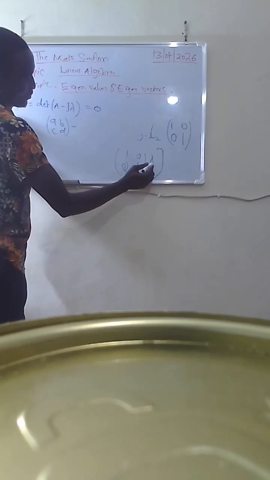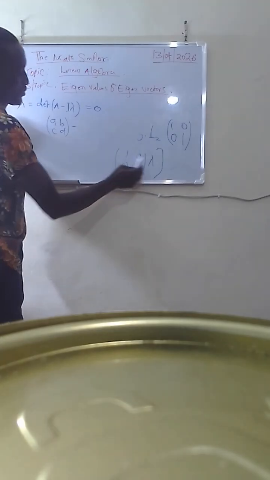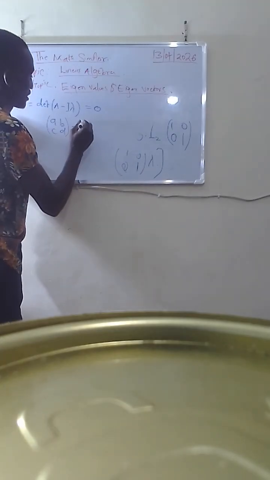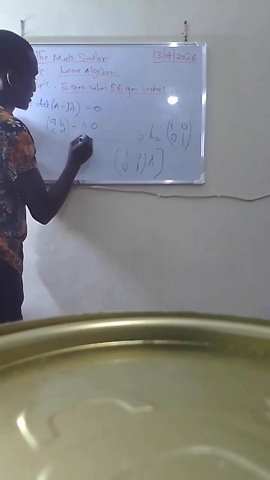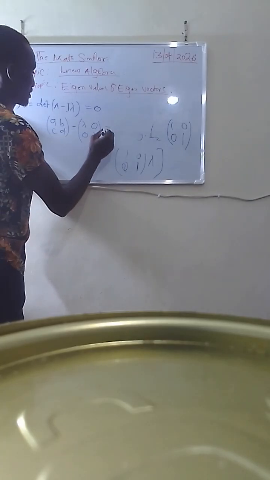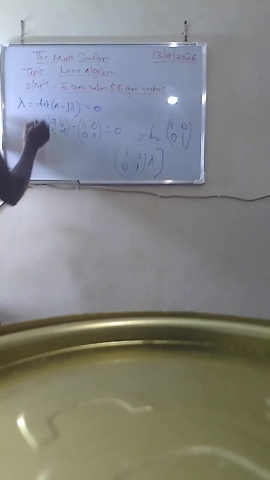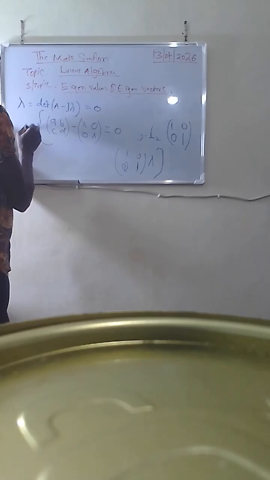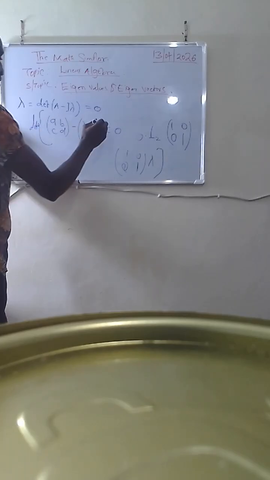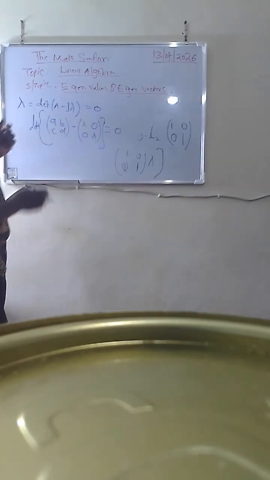If you do away with this bracket, it will be lambda, 0, 0, lambda, and the determinant of all of this equals 0.